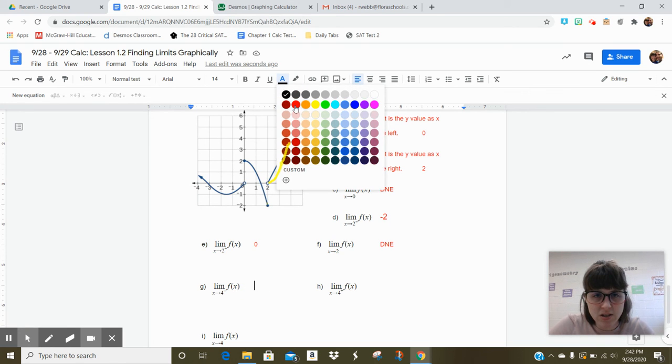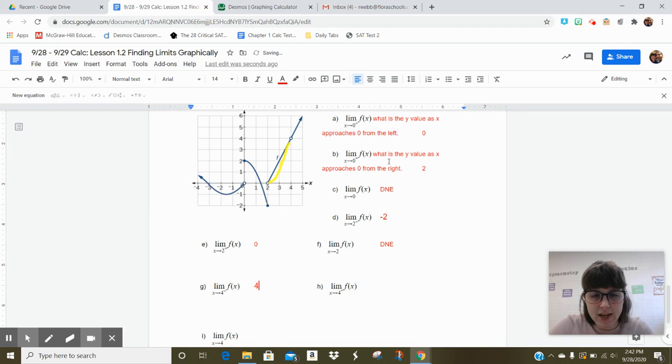And then the limit as x approaches 4 from the right. So from the right, we're coming in from this way. And as you come in from the right, you get to this same point, and its y value is 4. So we're going to say that the limit as x approaches 4 from the right is also 4.